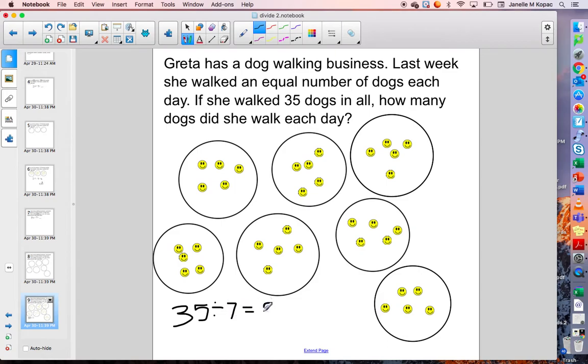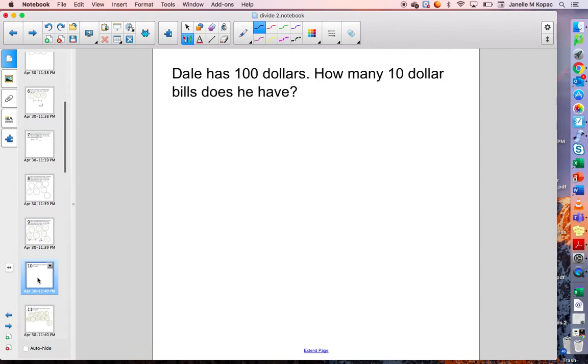And if you wrote it the other way, you would go 35 divided by 7 equals 5. So that's the other way that you can write it. But you probably solved that problem by making an equal groups picture or by remembering 7 times 5 makes 35. Let's do one more problem.